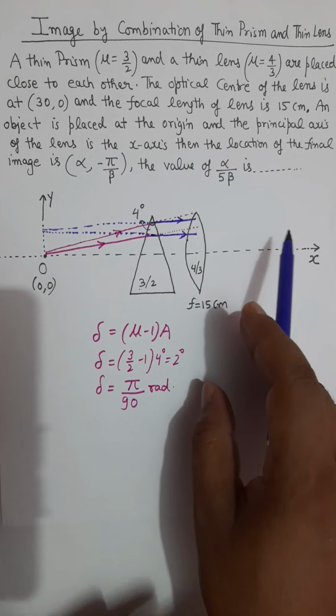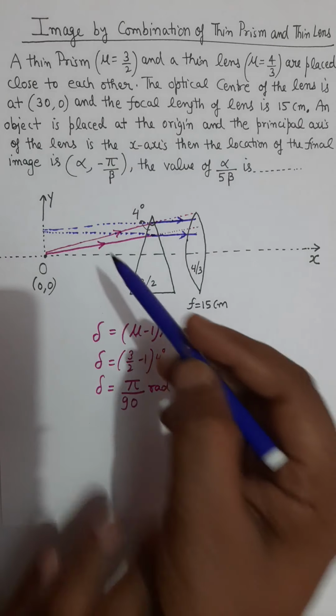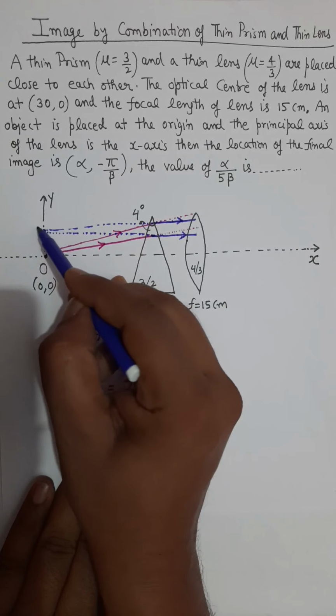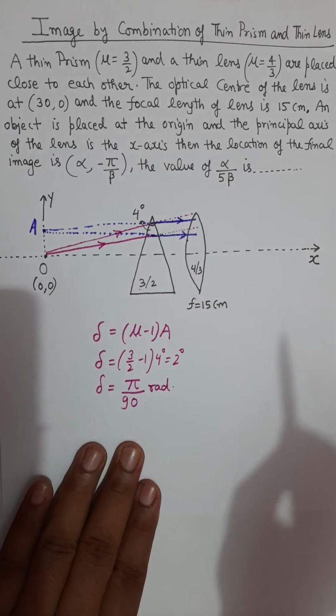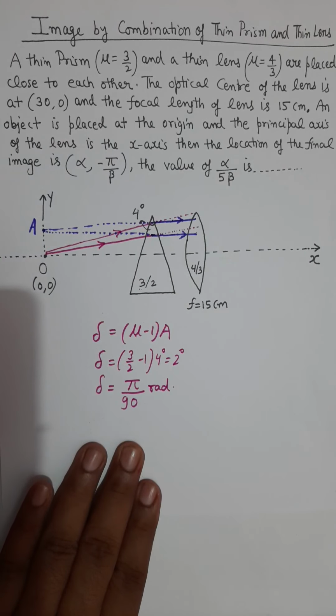Right? And this point, let's say A, will be treated like object for lens.